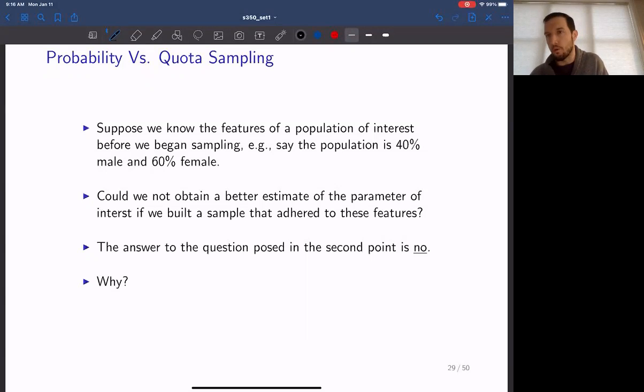So in short, the answer is most likely no. So then the question becomes, well, if quota sampling does in fact fill quotas where each quota represents a certain characteristic combination of interest to us, or a certain characteristic combination that represents what we observe in the population, then why wouldn't this be representative?